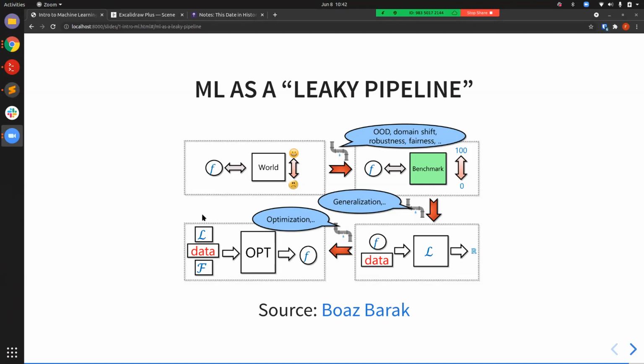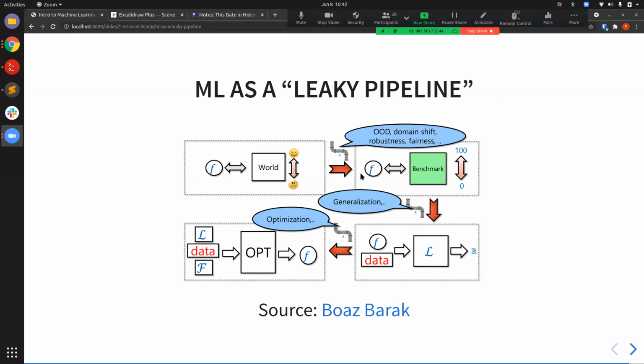For example, if we want to classify handwritten digits as 0, 1, 2, 3, 4, etc., we're not going to train our model in the real world. We're going to give it a benchmark data set of digits to learn from. So this is already one leaky pipeline.